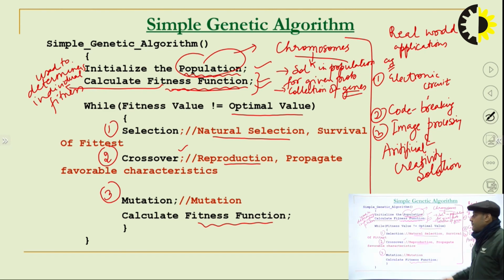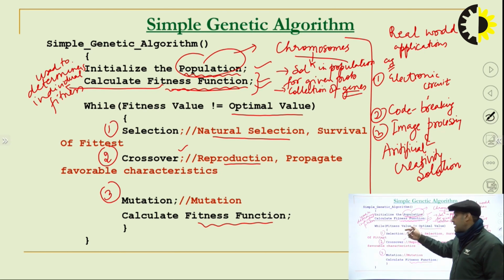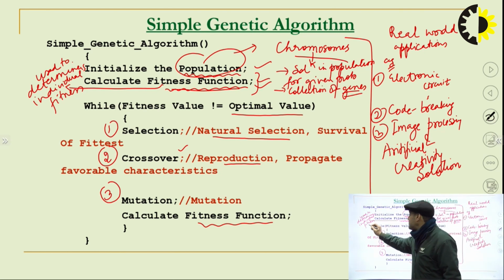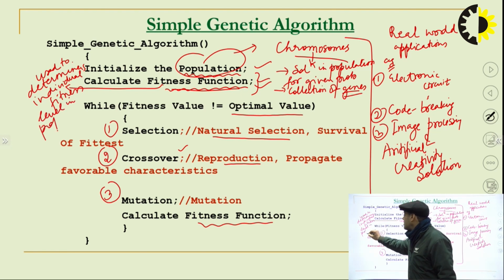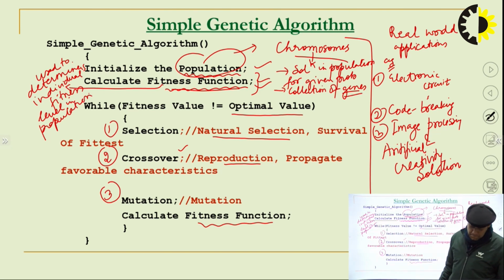ठीक है ना? Where will it be found? Individual fitness, obviously, we are discussing in population. Individual fitness level in population. Okay. ठीक है? Why do we compute this fitness function? Why do we determine this individual fitness level in population?